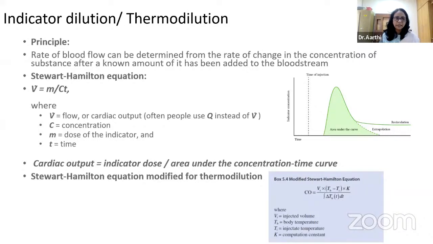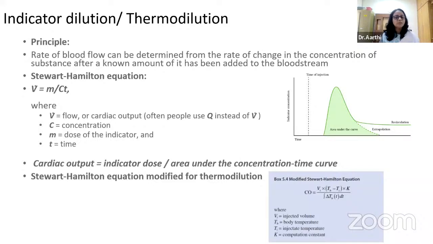So either an indicator or a temperature change is analyzed, and then a curve is formed, and the area under the curve is analyzed using the formula, and the cardiac output is measured with the following formula: indicator dose divided by the area under the concentration time curve. So this is basically the indicator dilution technique.